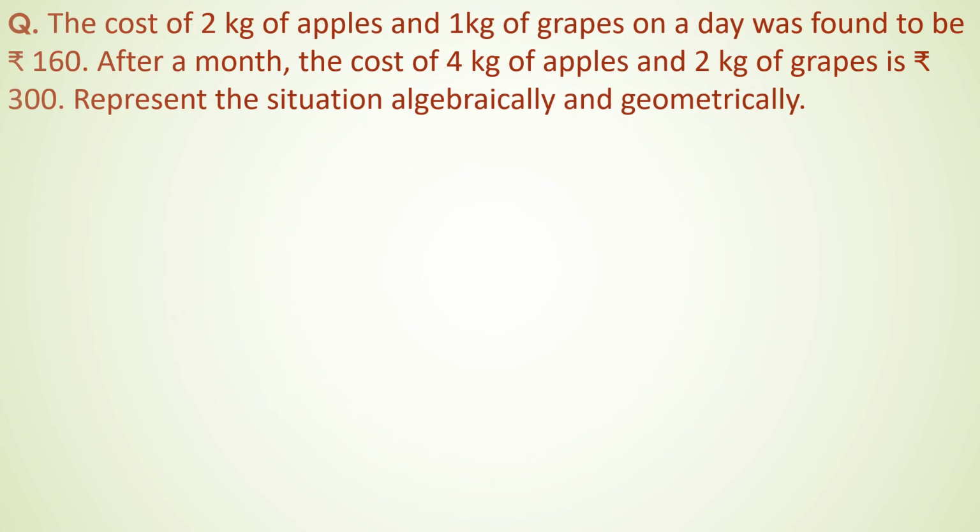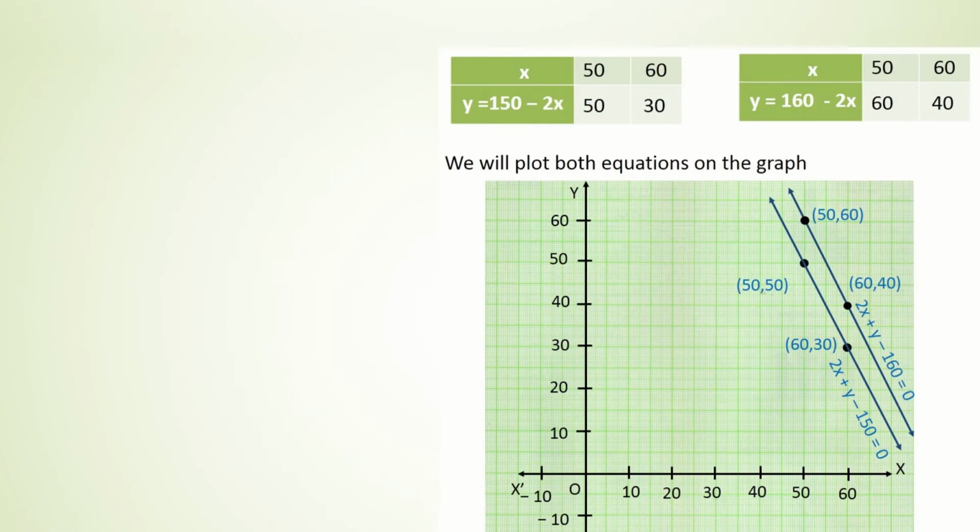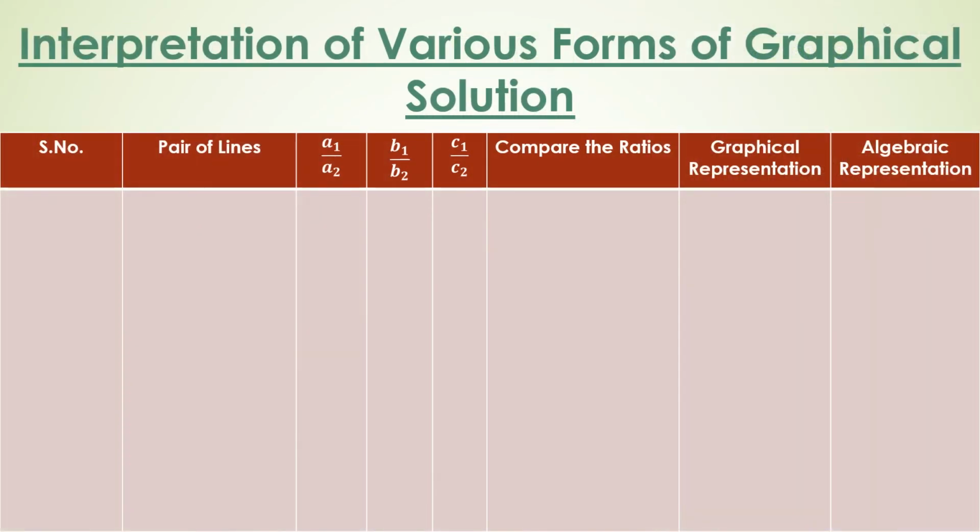And further, in the last question, we had the equations 2x plus y equals 160 and 2x plus y equals 150. So let us write these equations in a systematic manner in the form of a table. The graph we have seen in each question was different from each other. So what is the reason behind the different graphs we obtained?